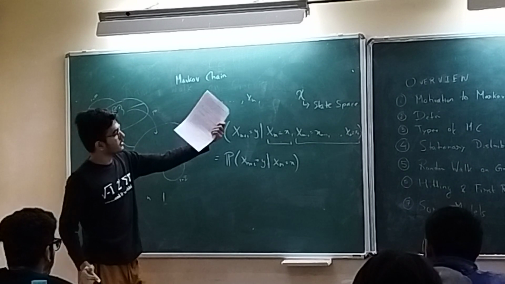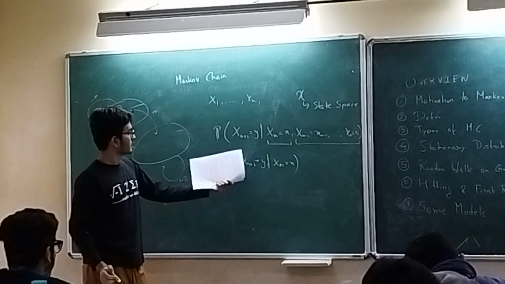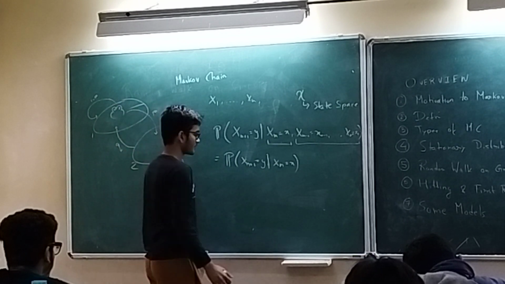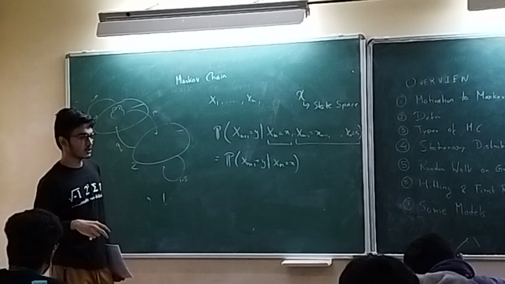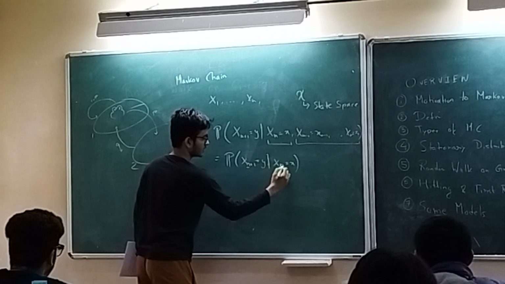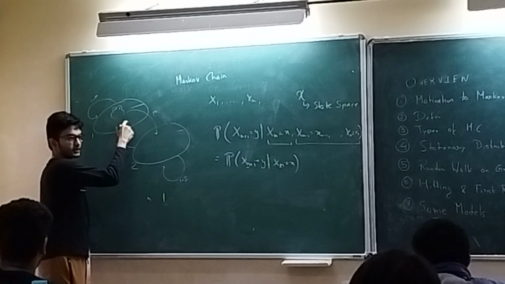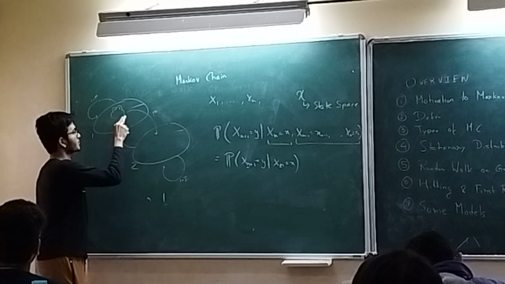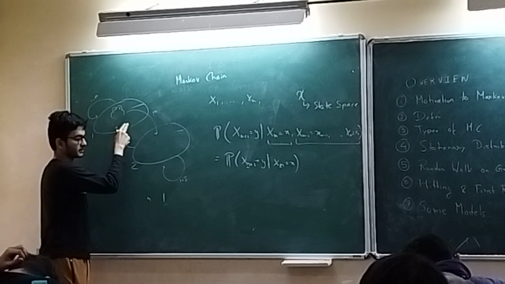Any sequence of random variables or random objects taking values from this state space and satisfying this property is called a Markov chain. Now in the Markov chains that we will use everywhere in our talk, it so happens that this probability doesn't depend on the step n, and that happens here also, because if you come here at the first step or at the third step, the probability that you will move remains p, and the probability that you will stay remains 1 minus p.